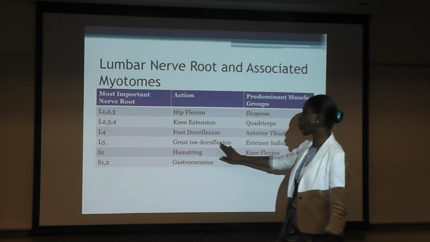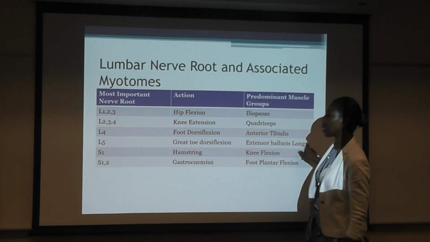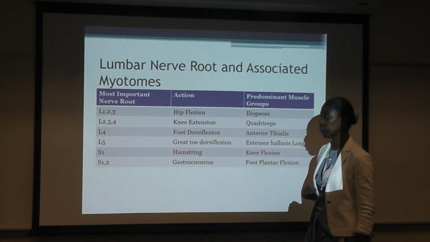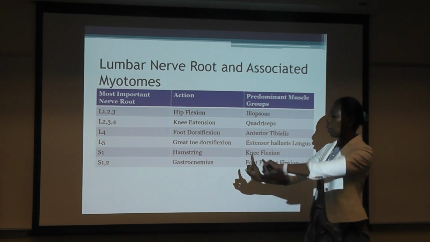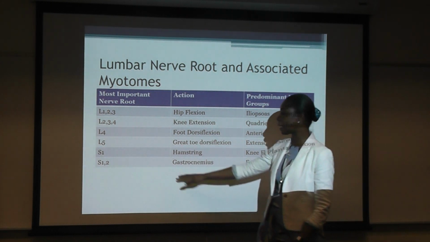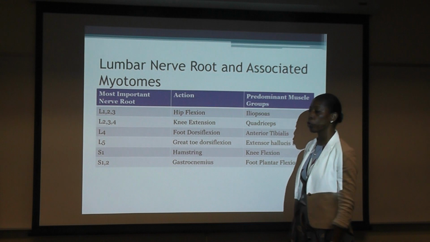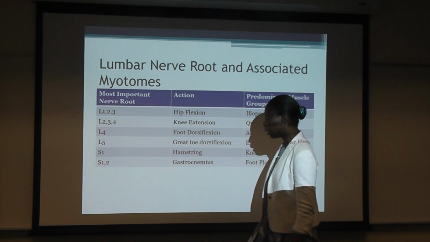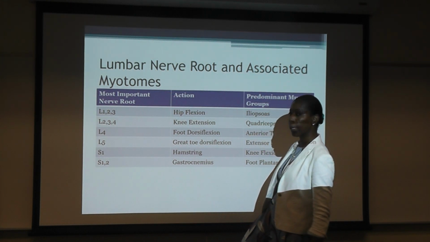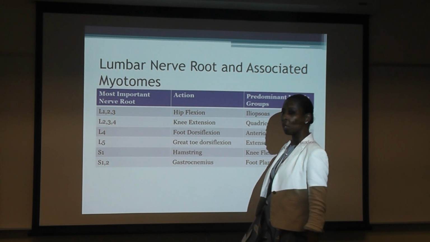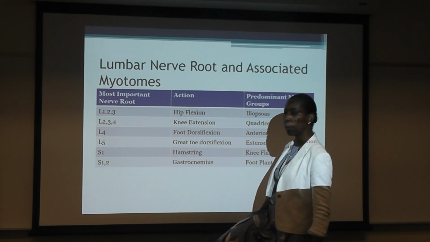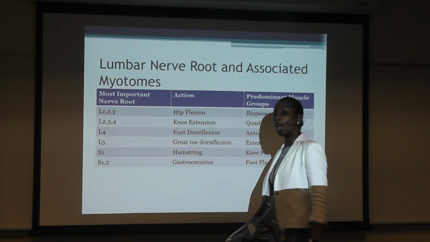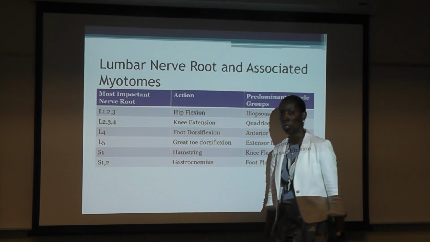L5, great toe dorsiflexion, and that's your extensor hallucis longus, okay? And that's being able to flex your big toe back against resistance. S1 is your hamstring. Remember we said knee extension is kicking out, that's your quadricep. So now if I tell you to let me bend your knee and don't let me pull it out, that's your hamstring muscle that we're testing.